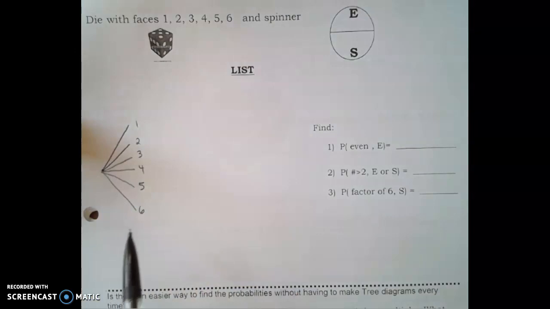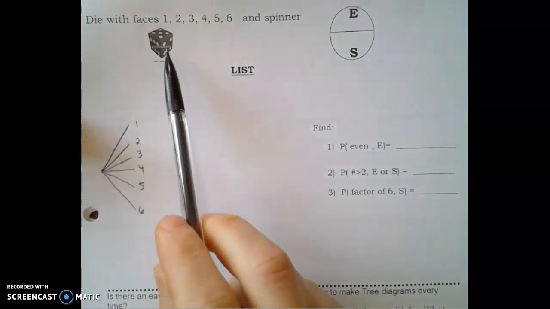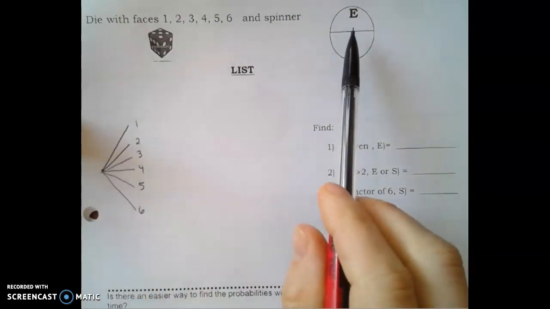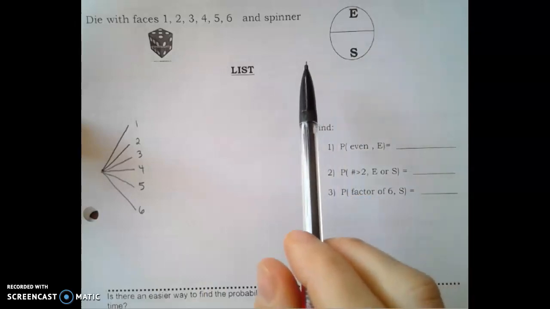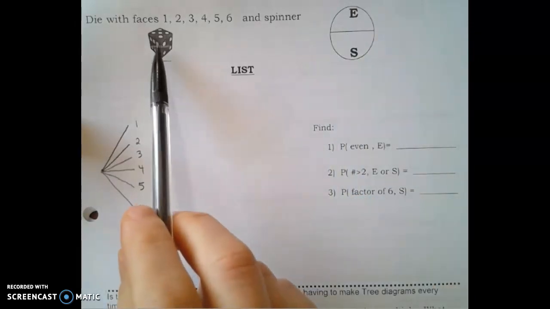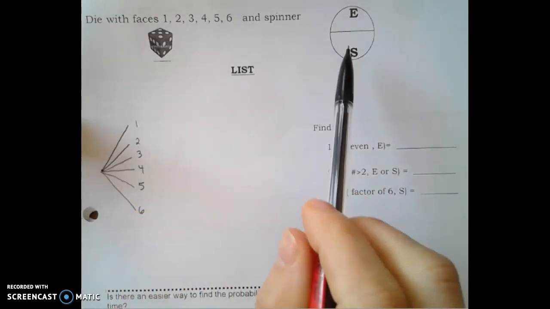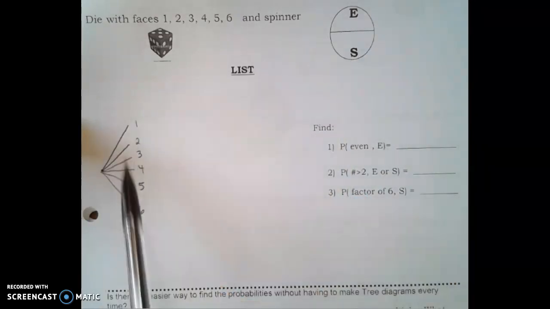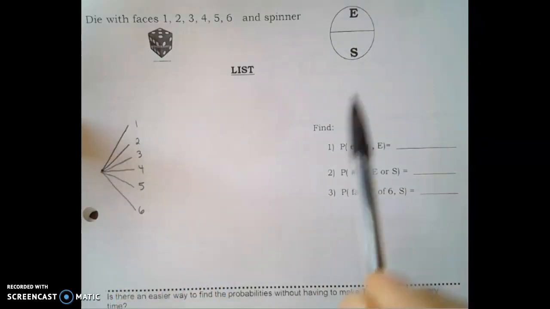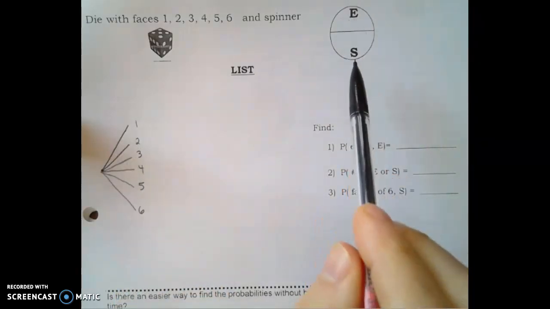After we roll the die, we're going to spin this spinner. Now, this is an example of an independent event because whatever number we get on the die does not influence what we can get when we spin the spinner. So if I get any of these numbers on the die, I can still get either E or S on my spinner.